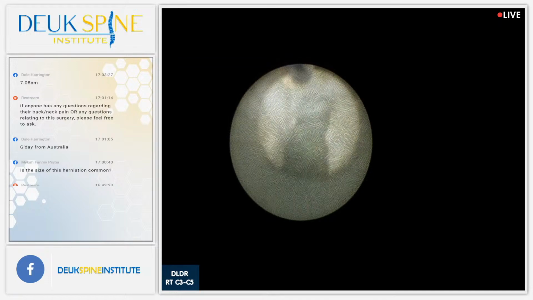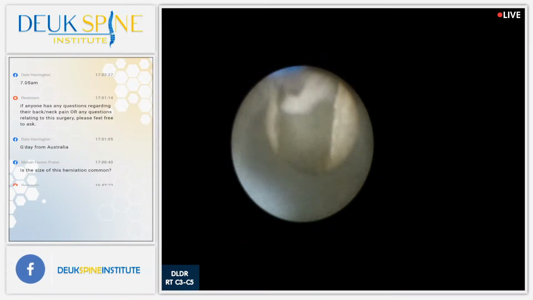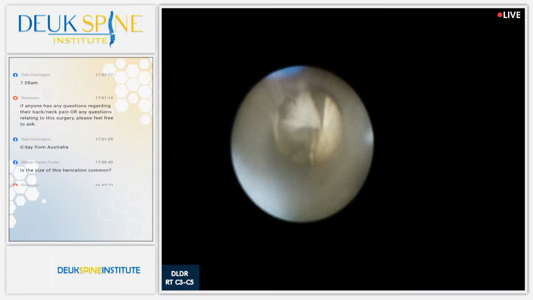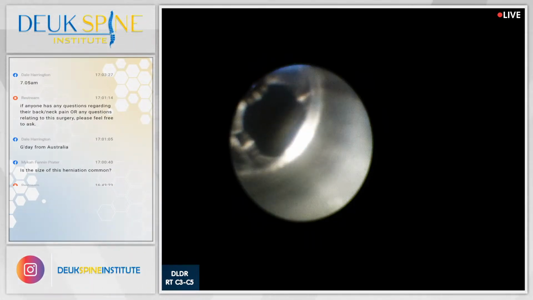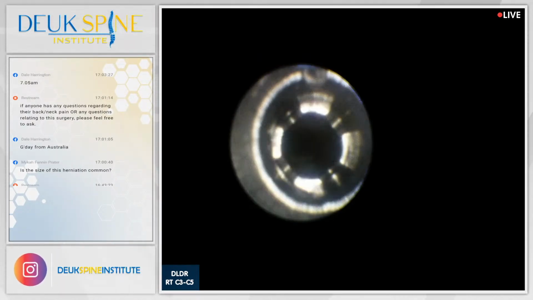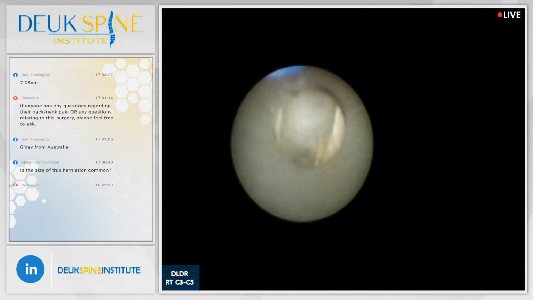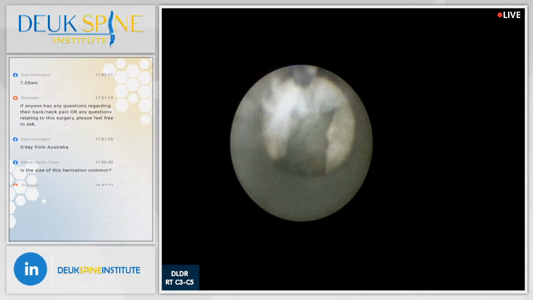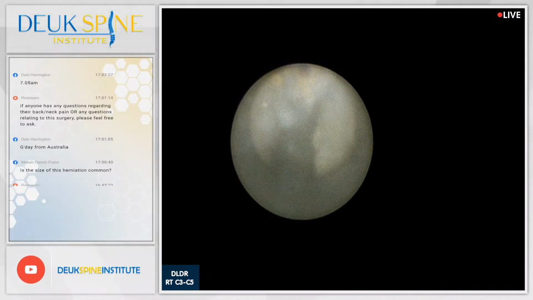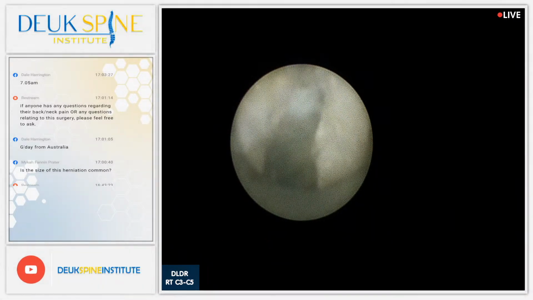This is number 4-5. This is the really bad one. These are more pieces of herniation. I've taken out about 30 pieces so far. And there's still more. I'm trying to get as many as I can.